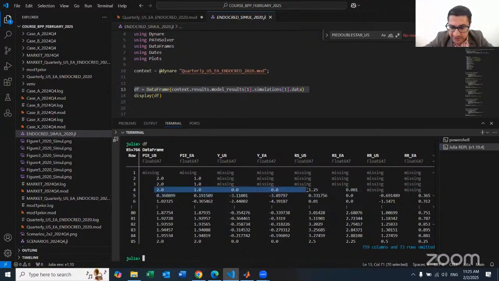and here are the initial conditions. You remember we started for US inflation 2, for euro area 1, output gap 0, euro area output gap 0, interest rate in the first quarter of 2020 1.25 and 0 for euro area.